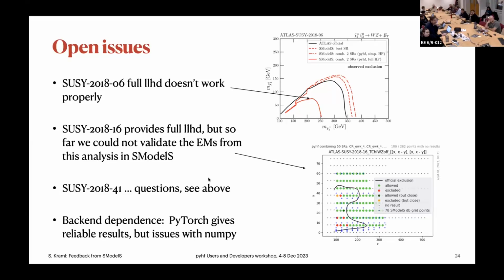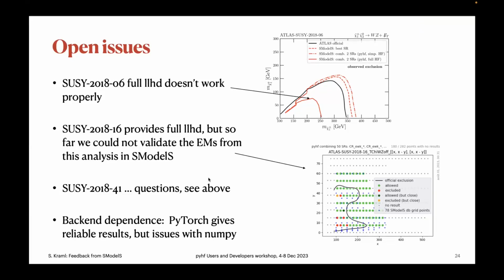Actually the biggest difference, and we only realized a bit later, was that with PyTorch we got Hessians and with NumPy we didn't. And we use the Hessians to estimate uncertainties, right? We've only been doing it in the last 10 days or so.